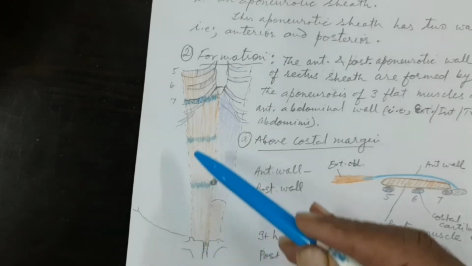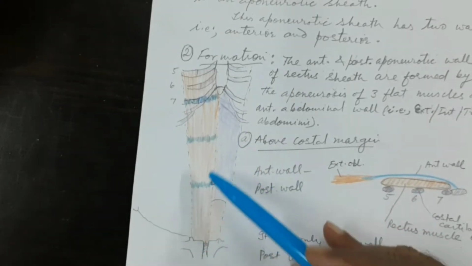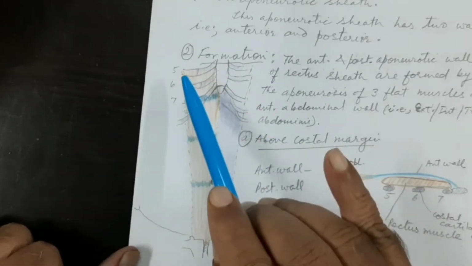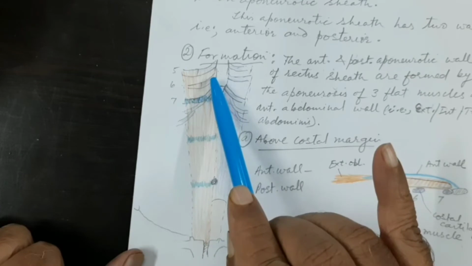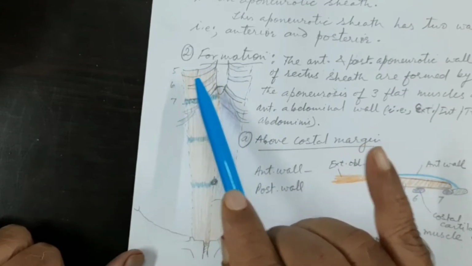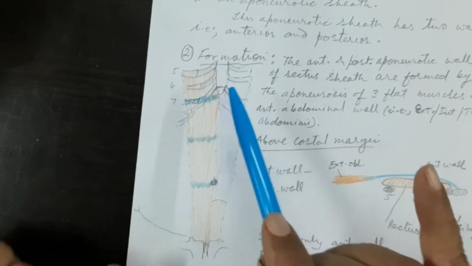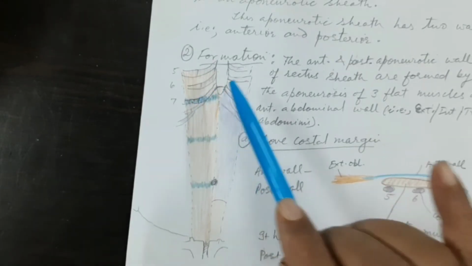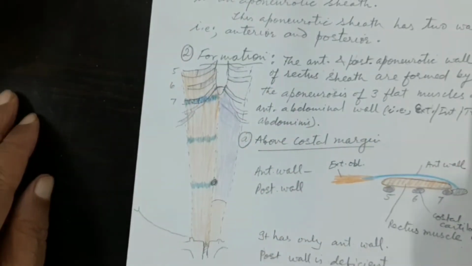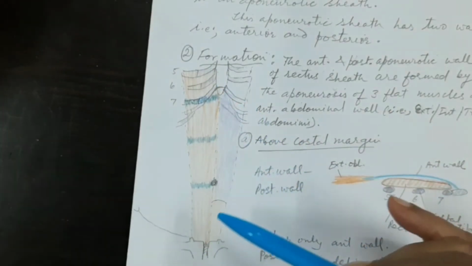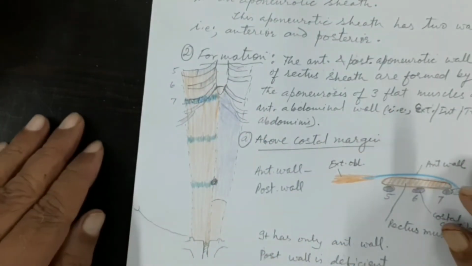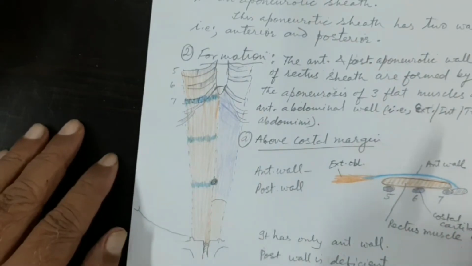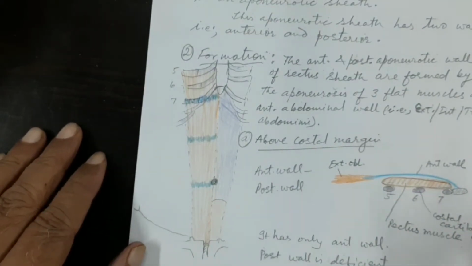Then the fibers run upward and spread to insert in a horizontal line at the 5th, 6th and 7th costal cartilages and adjacent part of the rib, and the xiphoid process. So this is the origin and insertion of the rectus abdominis, the long flat strap-like muscle.